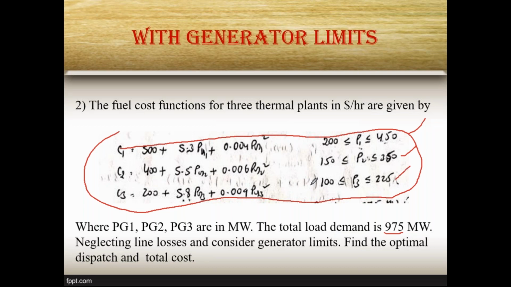What is the maximum capacity of these 3 plants combined? Right, 1025. If you add the maximum capacities of plant 1, plant 2, and plant 3, you will get 1025.